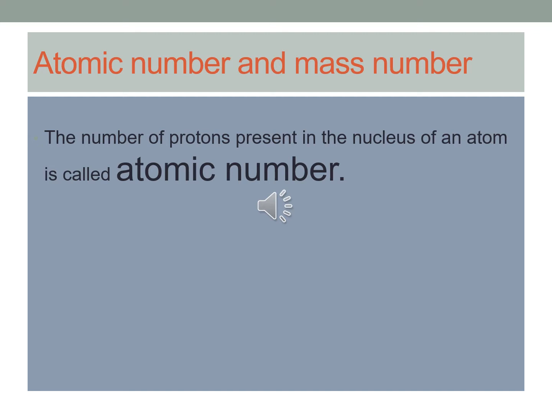The number of protons. Already in this fourth lesson, you have seen where the nucleus is, where the protons, neutrons and electrons are. You have studied, yes? The central part of an atom is called the nucleus. The number of protons present in the nucleus of an atom is called atomic number.